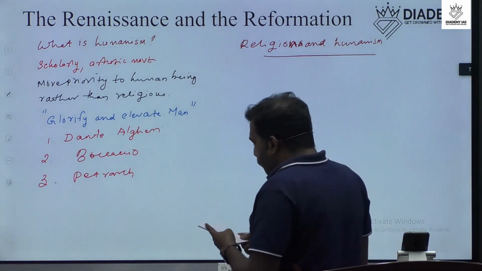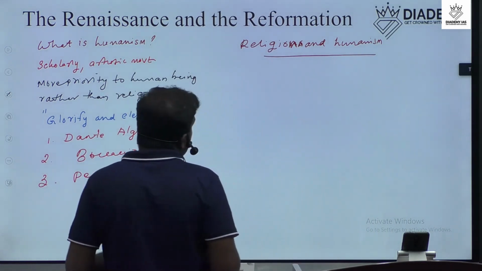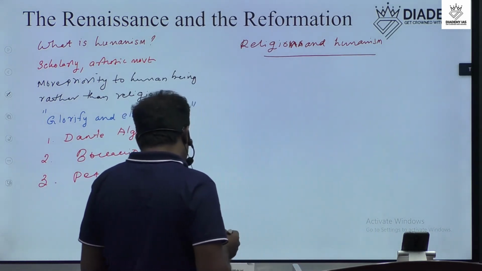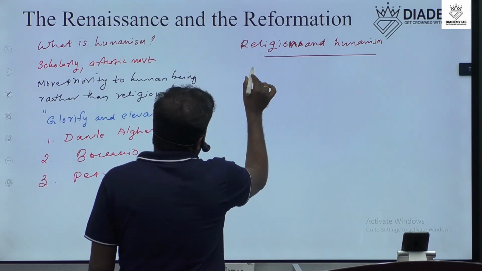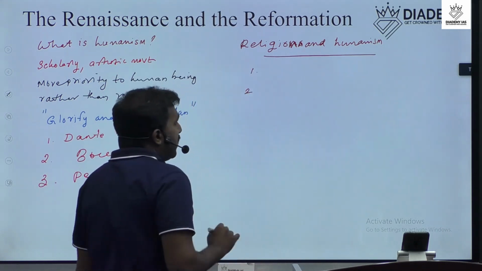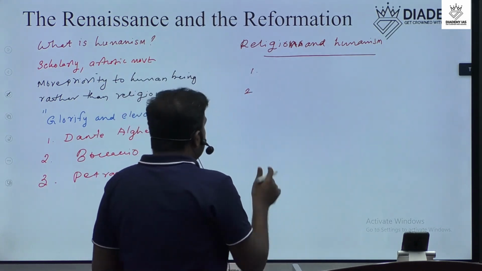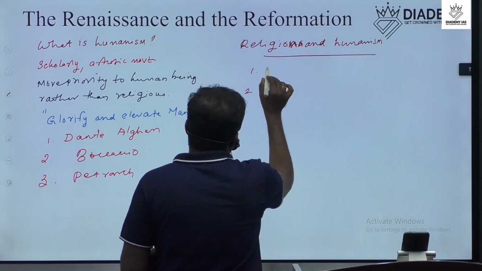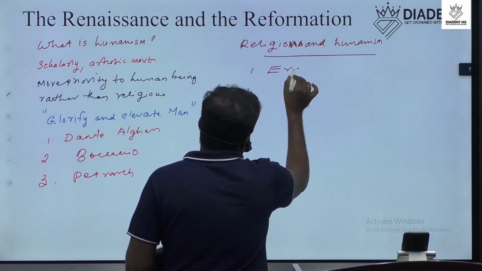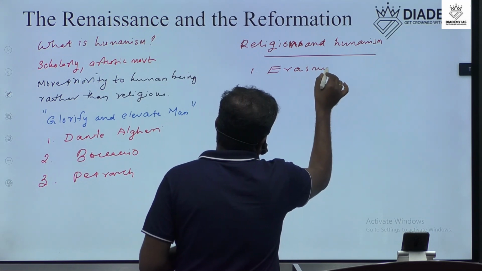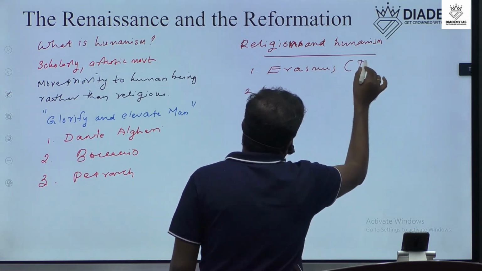Okay, two important religious humanists were there in that time. The first one is Erasmus, who was Dutch.